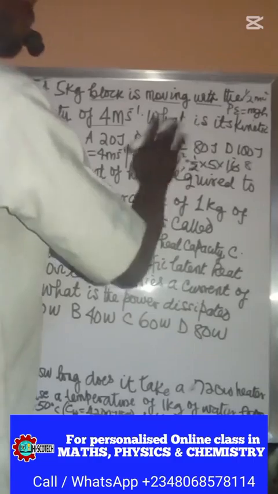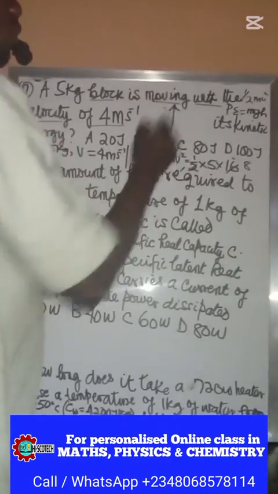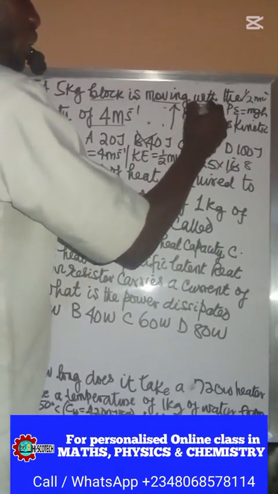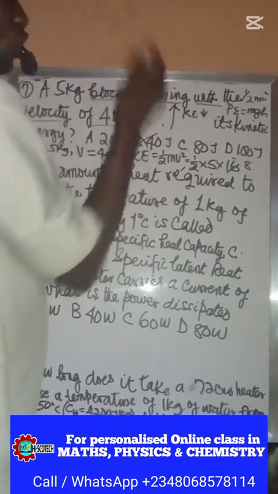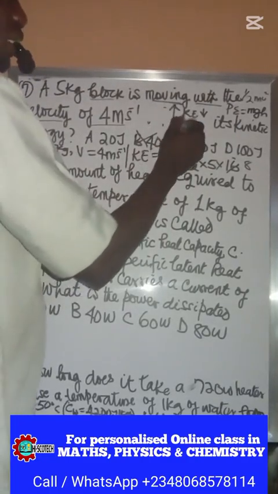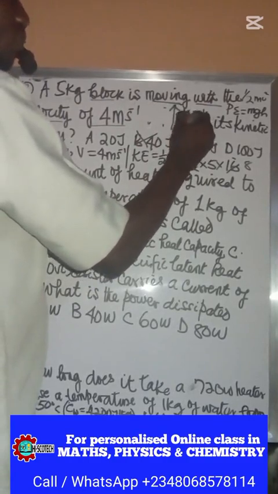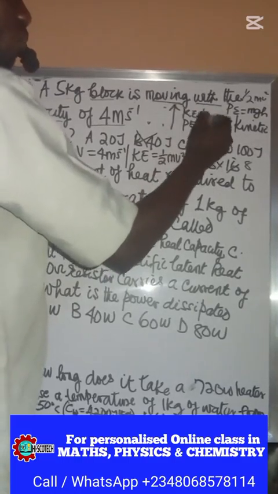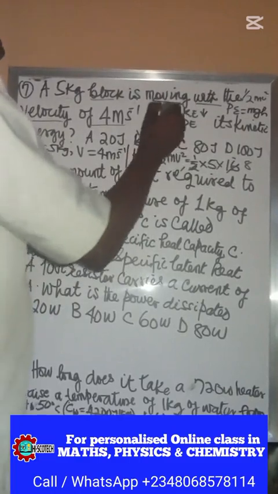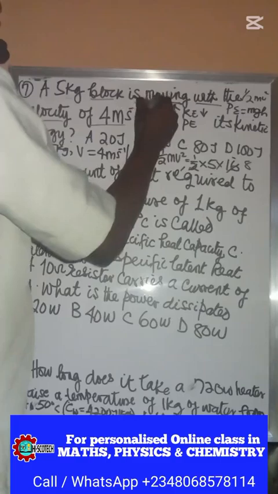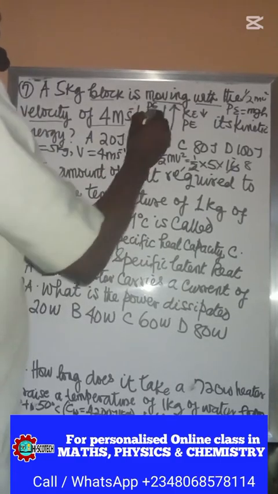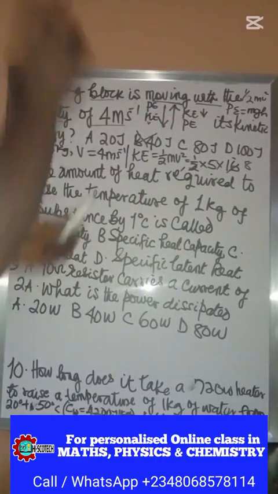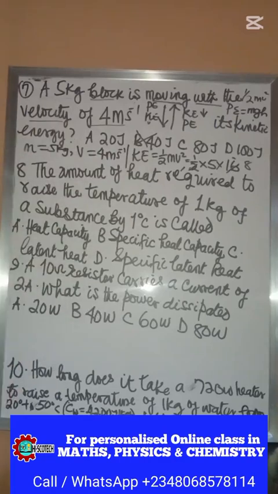So as a body goes up, kinetic energy decreases and becomes zero at maximum height, while the PE increases and becomes maximum at maximum height. If the body is coming down, potential energy will keep on decreasing, while kinetic energy will keep on increasing and becomes maximum at the lowest part. All right, let's go on.